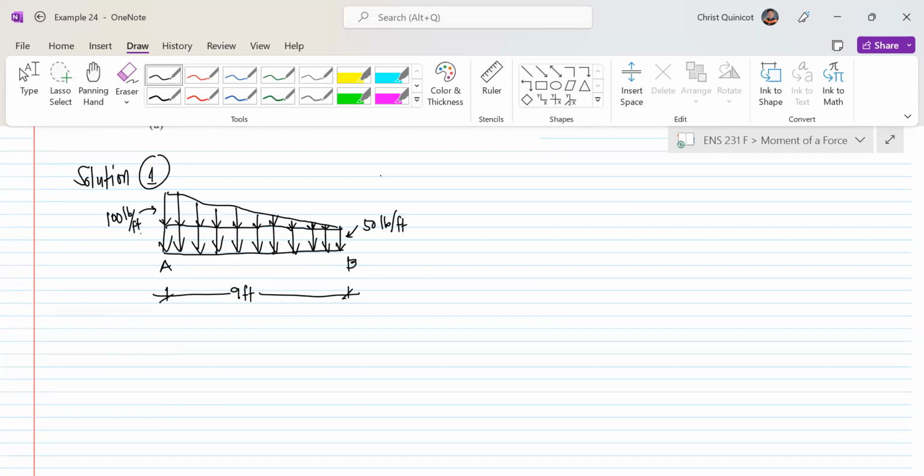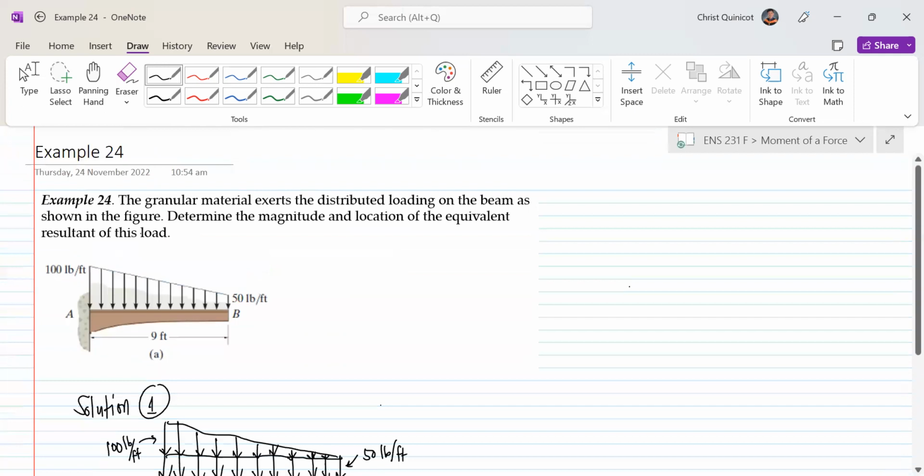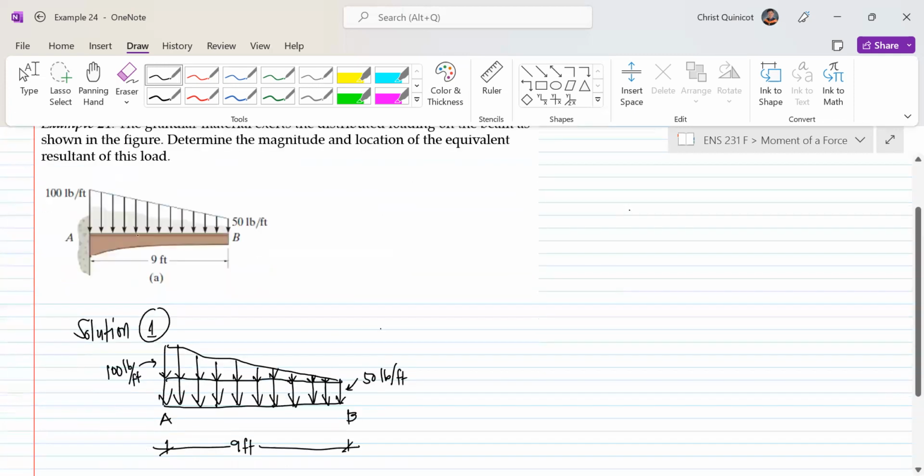For our triangular loading, we know that the entire height at A is 100. If we take 50 from it, the remaining maximum height of our triangular loading will now become 50 pounds per foot, right?